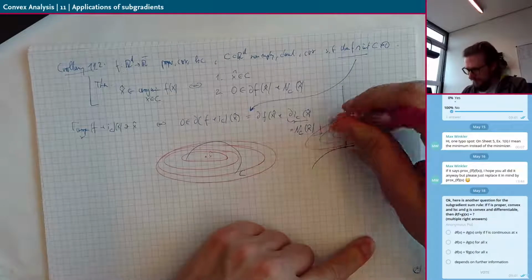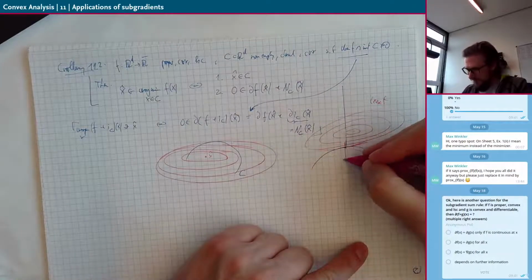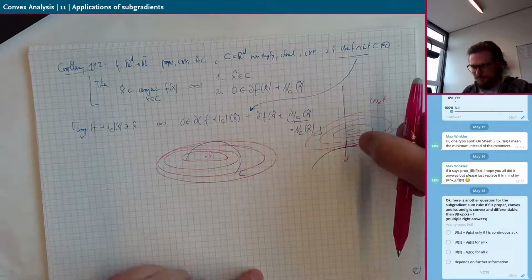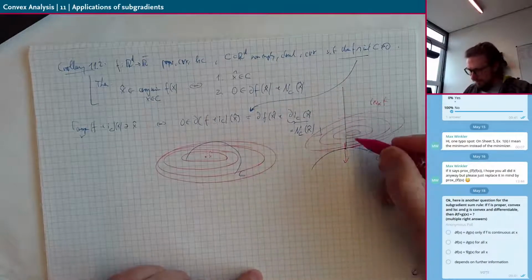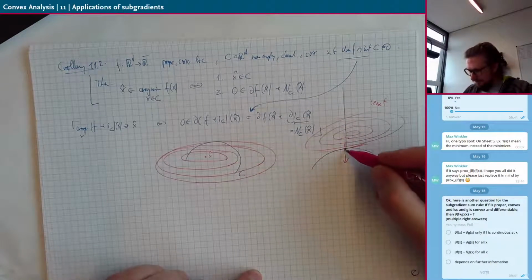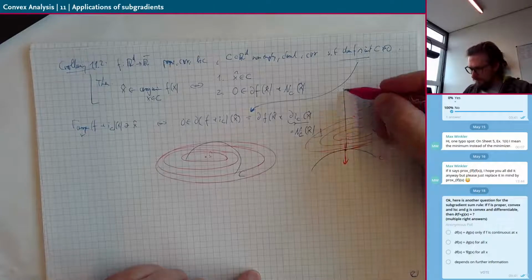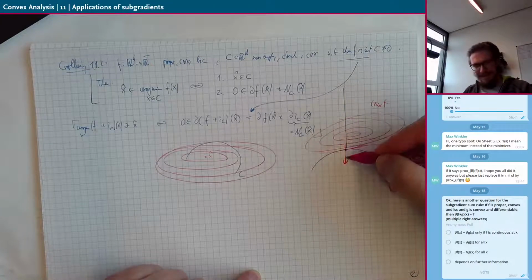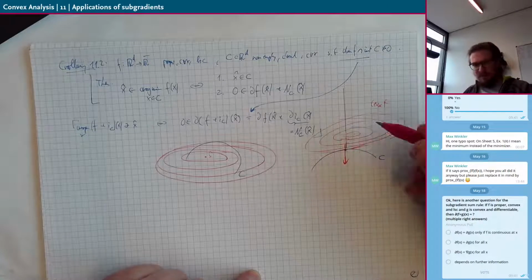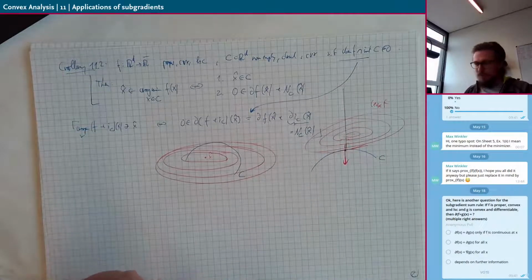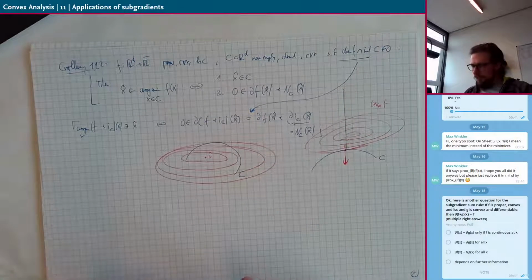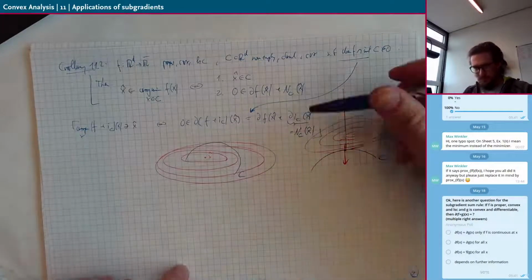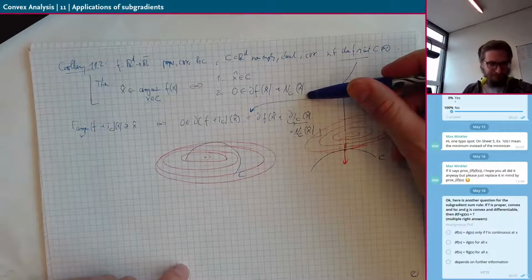The subgradient actually points in the other direction, because this is where it goes up and this is where it goes down. Otherwise, the function would not be convex. So this is the subgradient here, and this is the normal cone. And of course, you see we can choose some element in the normal cone such that these two things add together to 0. This is basically the same picture you paint for Lagrange multipliers. So this is actually the rule of Lagrange multipliers in some sense.